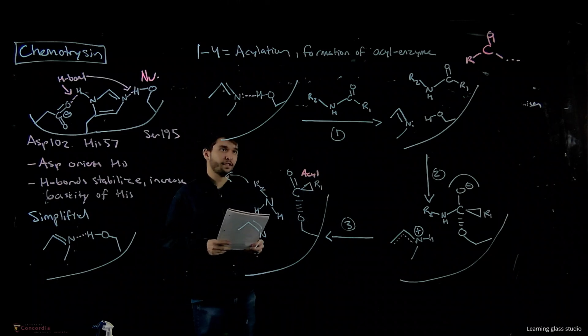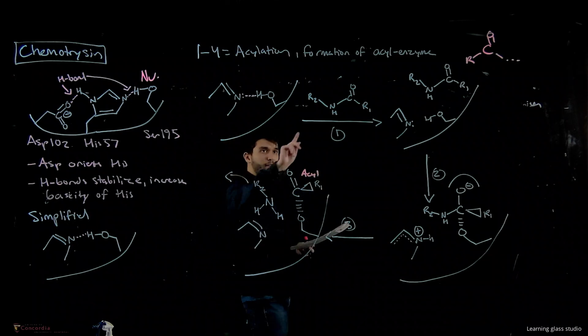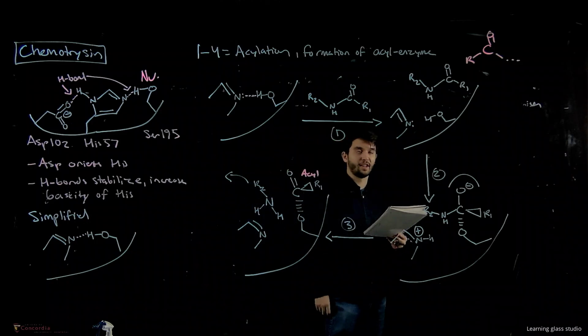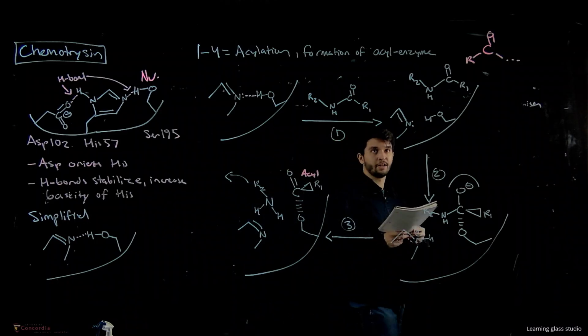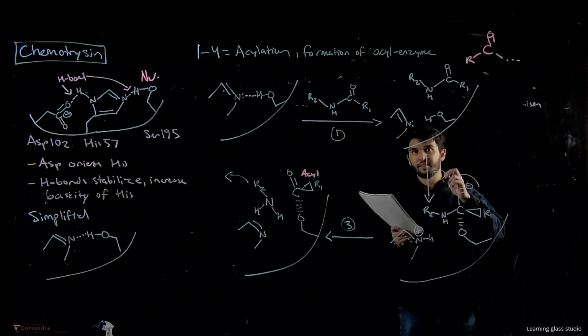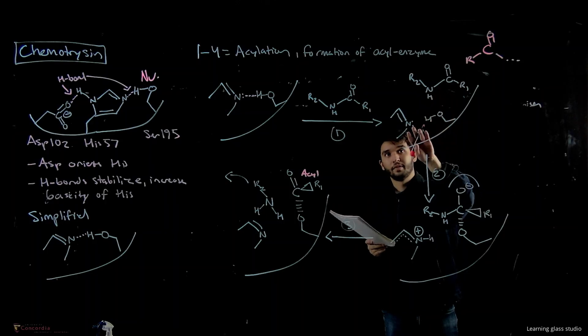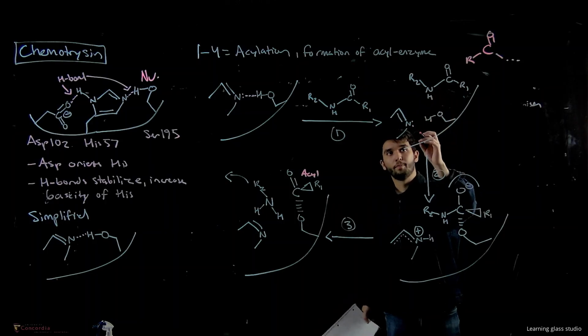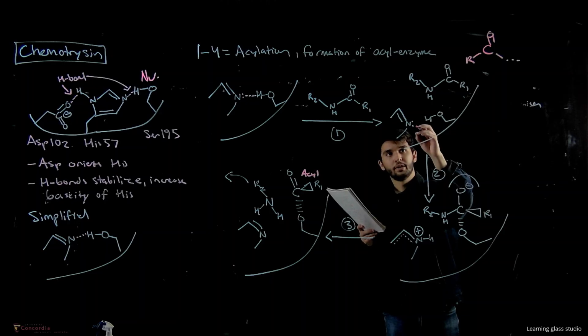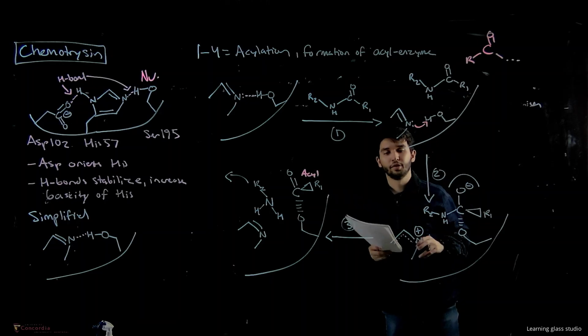To make the acyl, a peptide has to enter the active site. Once the peptide has entered the active site, the nitrogen from the histidine, with its lone pair, is going to come and steal this proton.